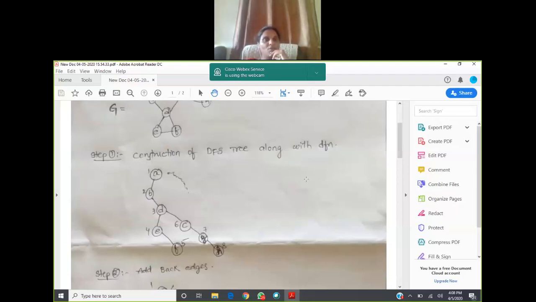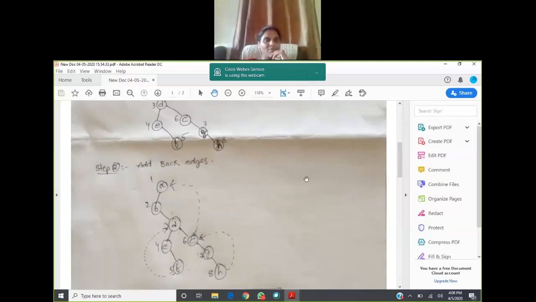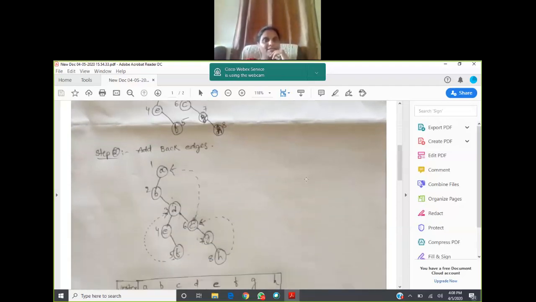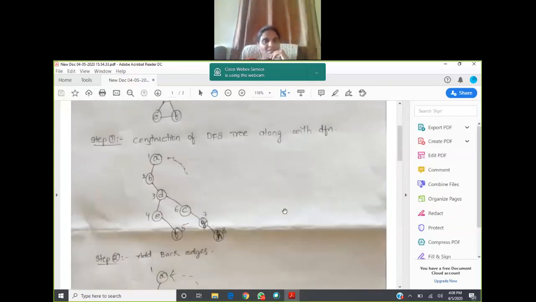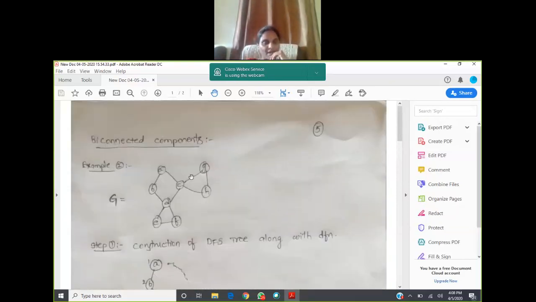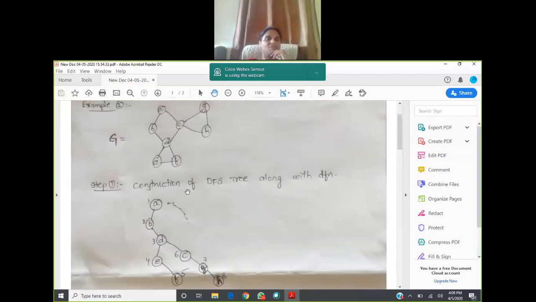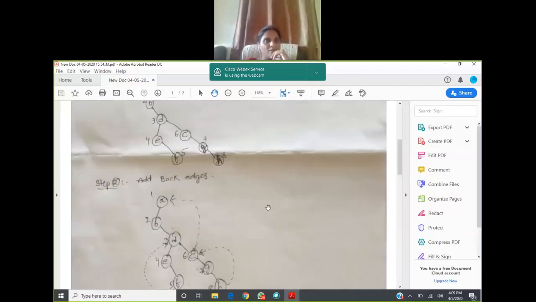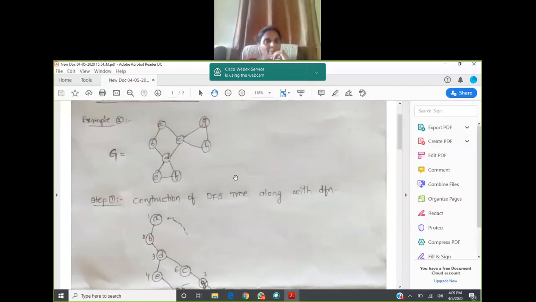Step number 2 is adding back edges. So what is a back edge? A back edge means an edge which is present in the original graph and not present in the DFS tree. Such edges are known as back edges. So identify the back edges by comparing these two diagrams. What are the edges that are present in the original graph and not in the DFS tree?